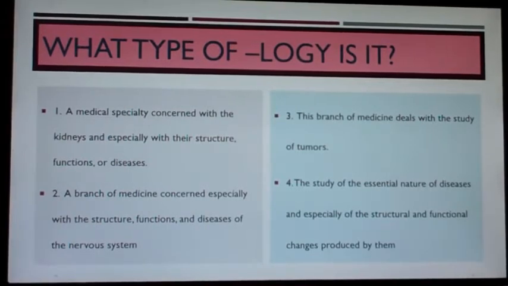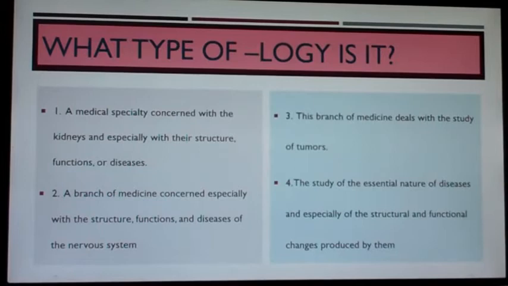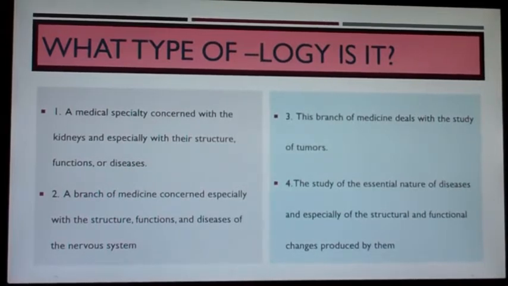Number 3, this branch of medicine deals with the study of tumors. Number 4, the study of the essential nature of diseases and especially the structural and functional changes produced by them.